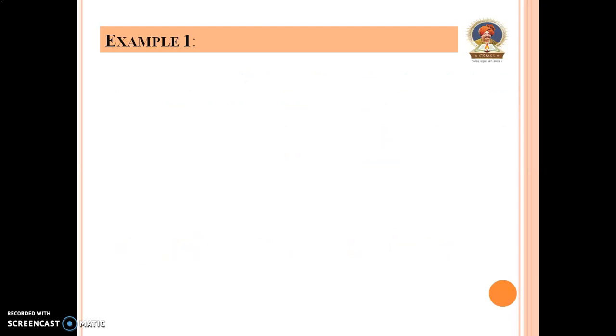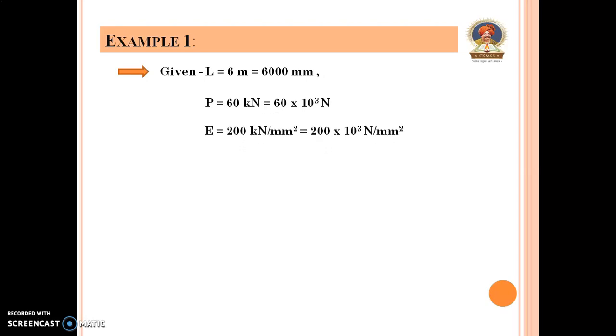So what is given? Total length is 6 meter, that is 6000 mm. P, the tensile load, is 60 kN, that is 60 into 10 raised to 3 Newton. Then Young's modulus E is 200 kN per mm square, converted into Newton per mm square, that is 200 into 10 raised to 3 Newton per mm square.